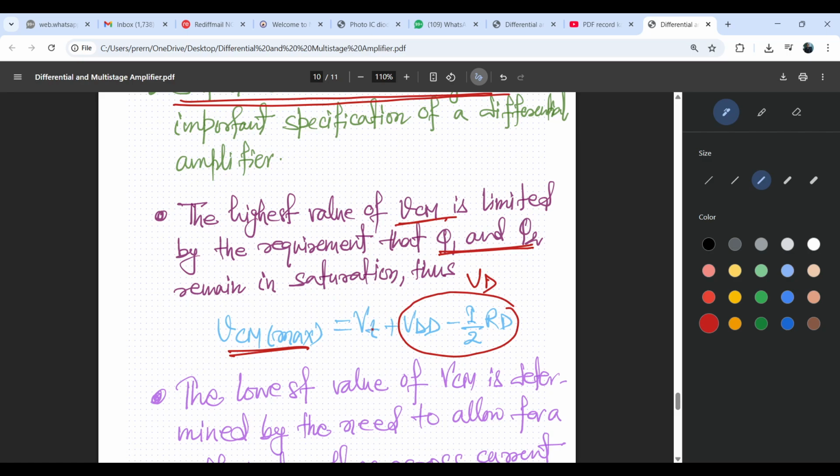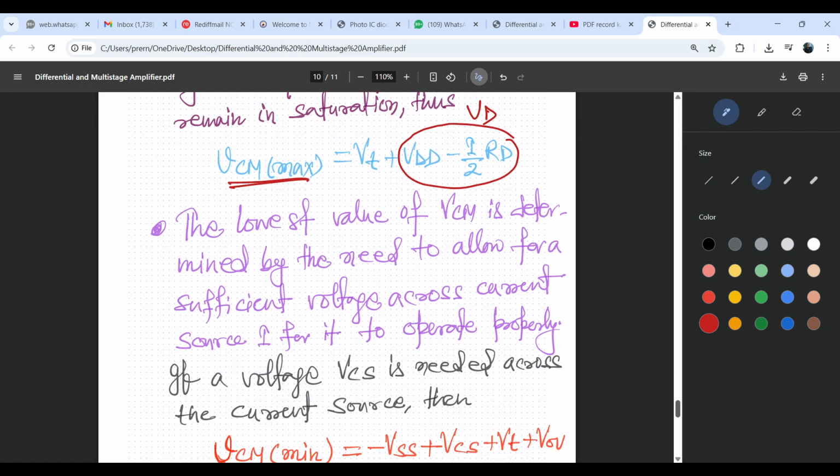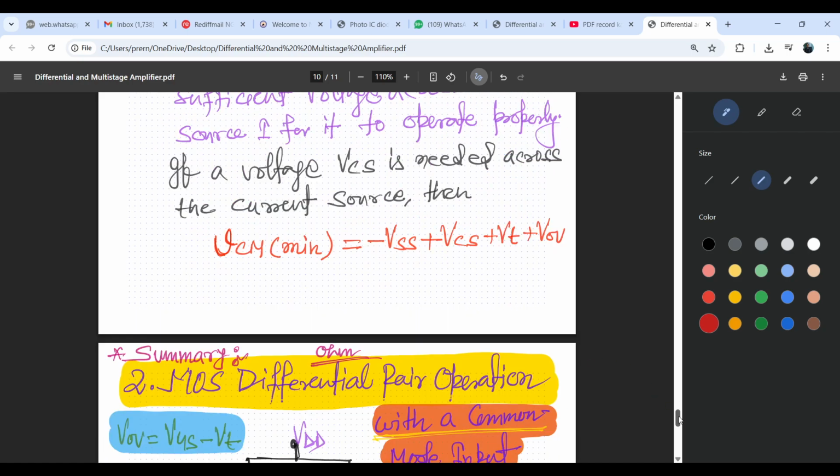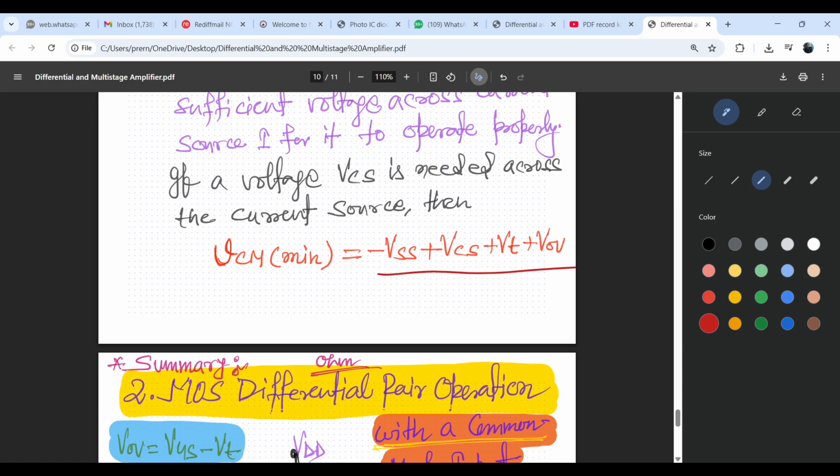And the lowest VCM is determined by the need to allow sufficient voltage across the current source I for it to operate properly. So VCM minimum will be minus VSS plus VCS, the voltage across the current source, plus VT plus the overdrive voltage.